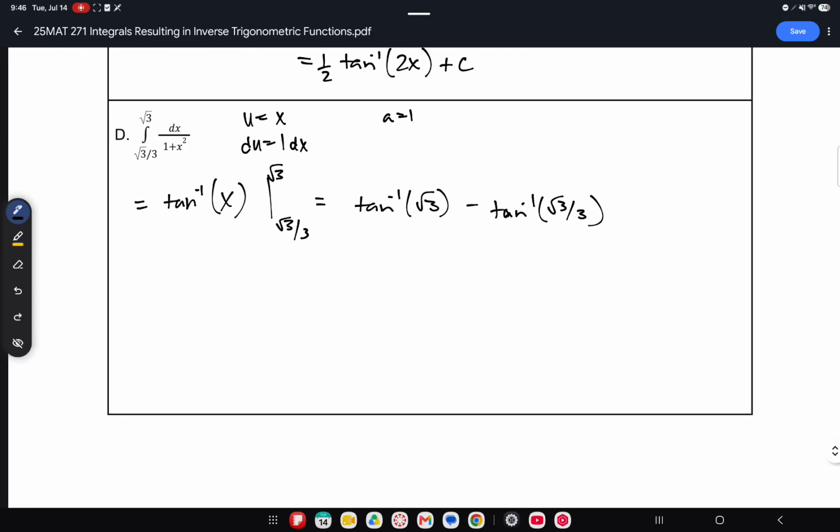Here's how I try to navigate this without a calculator. In the unit circle, the options of outputs we have are 0, 1, root 2 over 2, 1/2, and root 3 over 2. These are all the options. We have positives and negatives in there throughout. So I want to know what angle gives a result of root 3 and what angle gives a result of root 3 over 3.